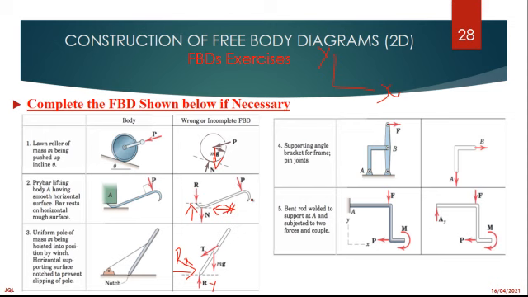Supporting angle bracket for frame pin joints. So when you look at it, it's not complete. But if maybe we just look at A, B, yeah, but there is A, B, and F there, right?